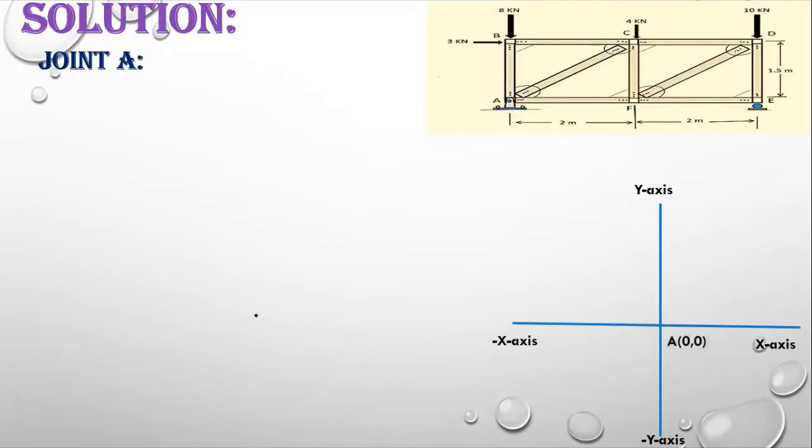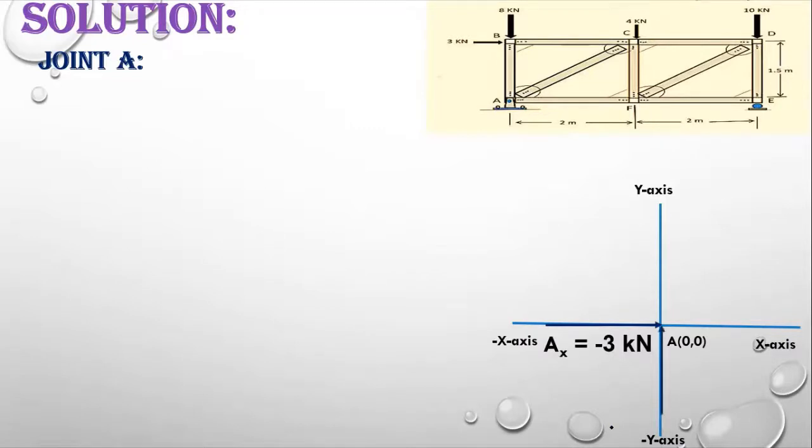So there is a joint center, the initial center point should be A(0, 0), and the horizontal force is what? It must be the support reaction, because we have two support reactions at joint A. So this is AX equals minus 3 kilonewton, which we have already calculated.